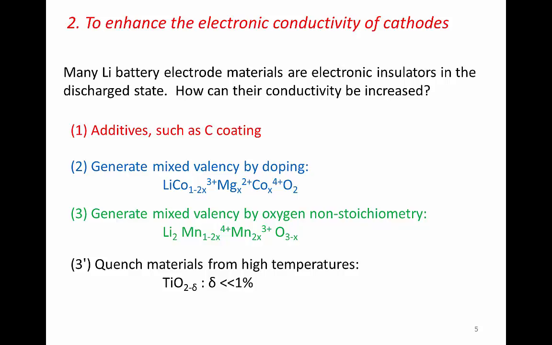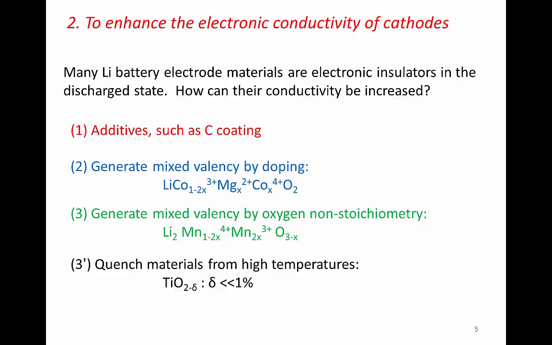First of all, as we saw in the previous slide, coating of the particles with conducting carbon at least enables the particles to have their surfaces in contact with a good electronically conducting medium, and therefore a ready contact with the outer electrodes.